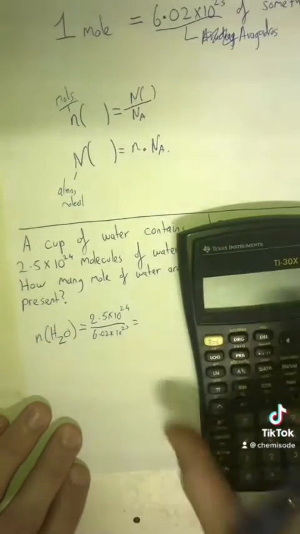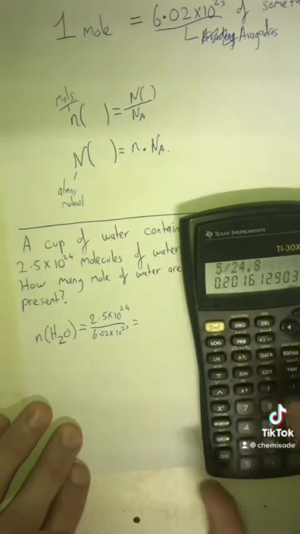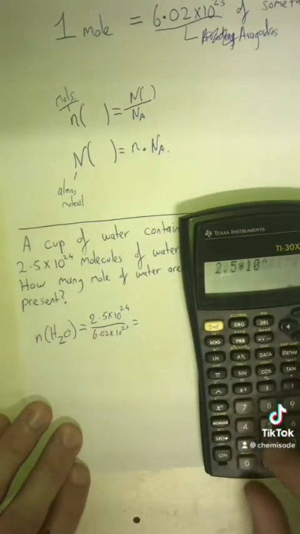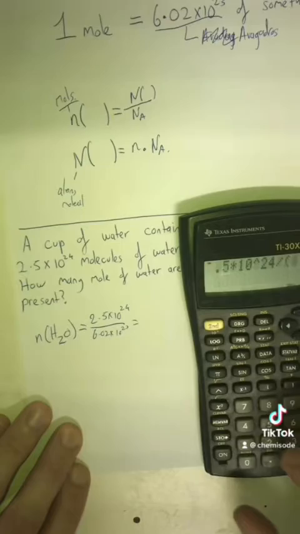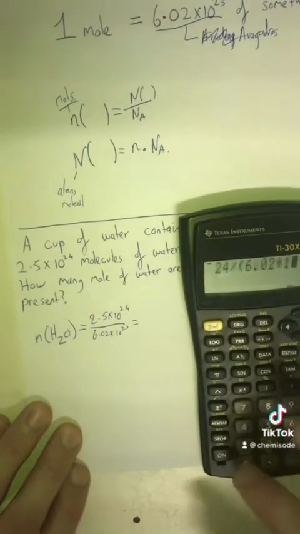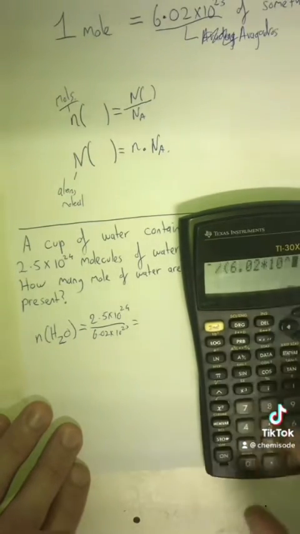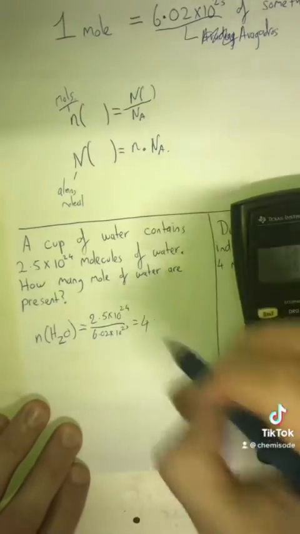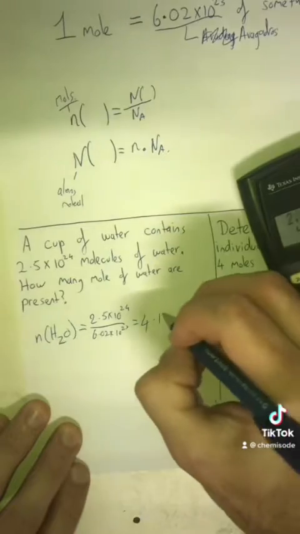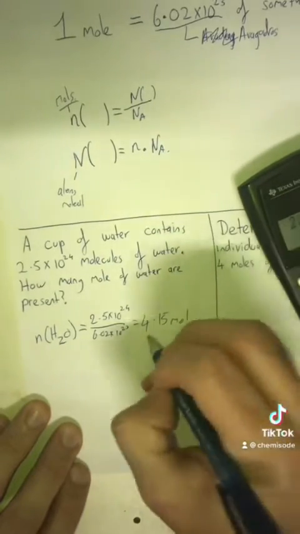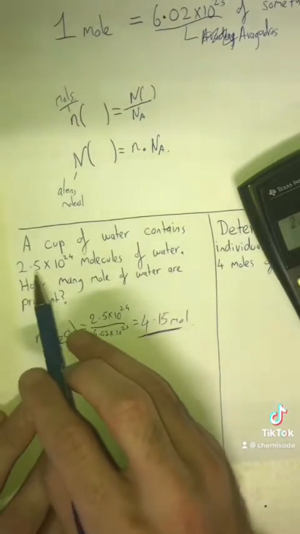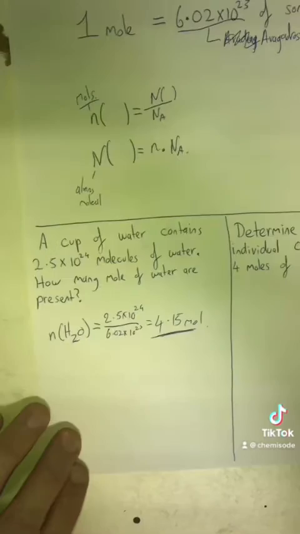So I'll quickly do that on my calculator here, which is going to be 2.5 times 10 to the power of 24 divided by bracket 6.02 times 10 to the power of 23, and that's going to give me a number of 4.15 mole, and that's however many mole of water are present in 2.5 times 10 to the power of 24.